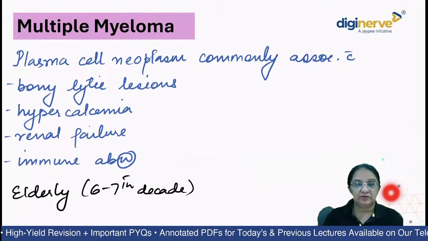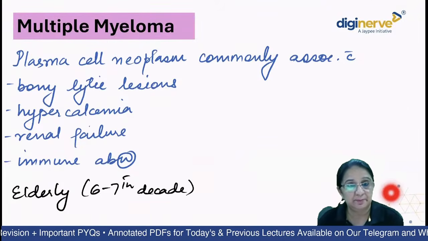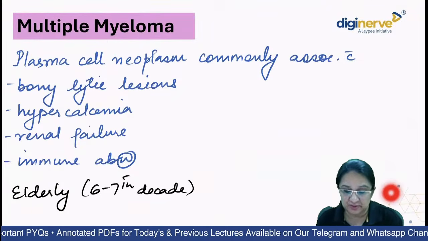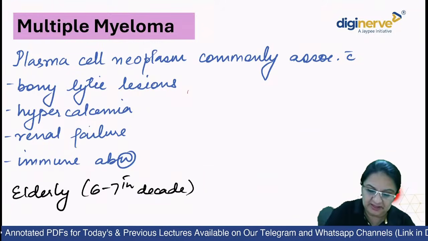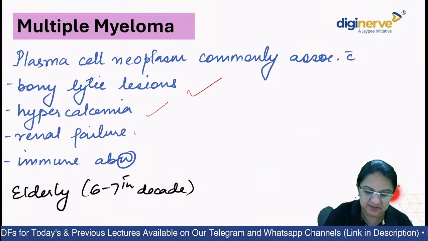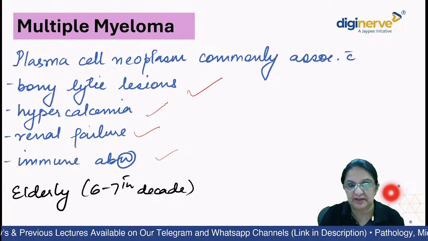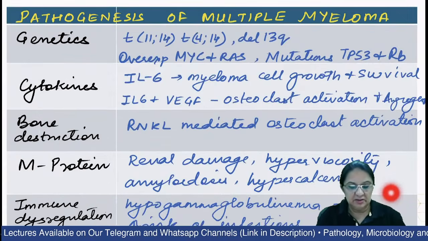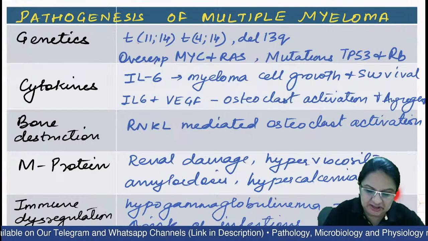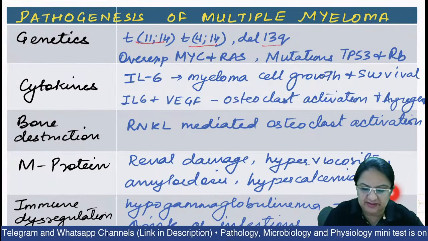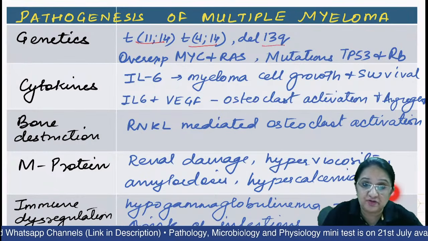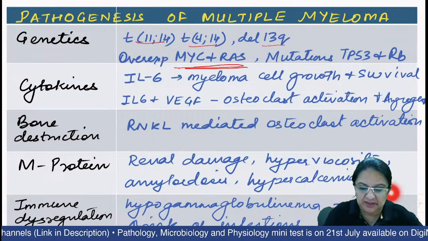So the first plasma cell dyscrasia, multiple myeloma, most commonly associated with bony lytic lesions. There's hypercalcemia, renal failure, immune abnormalities. Then the genetics involved: translocation 11;14, t(4;14), deletion of 13q, or overexpression of MYC plus BRAF.